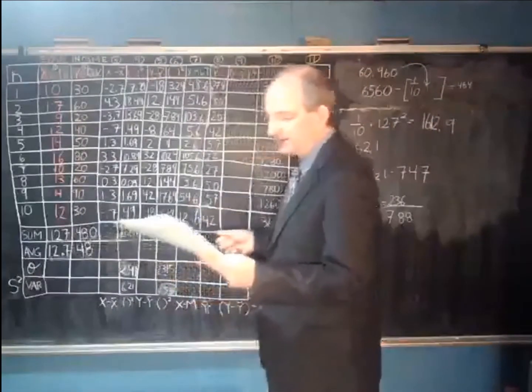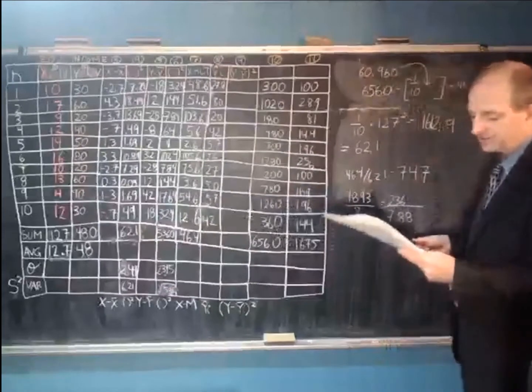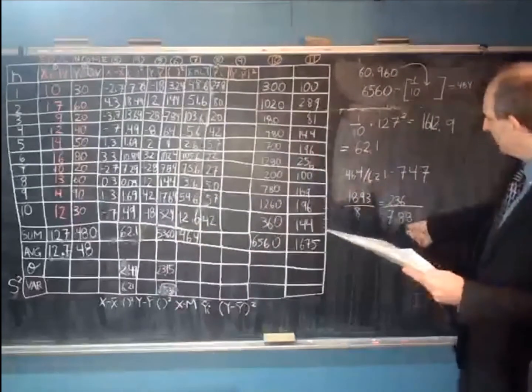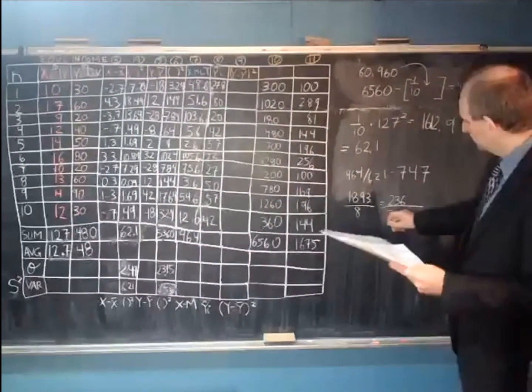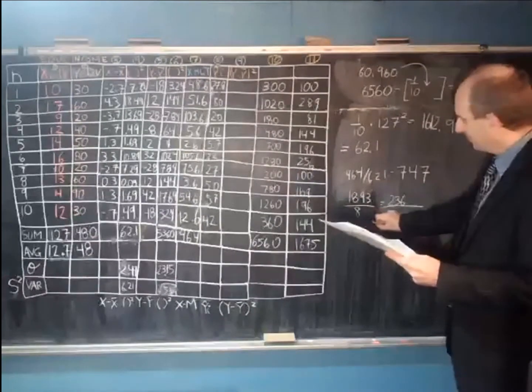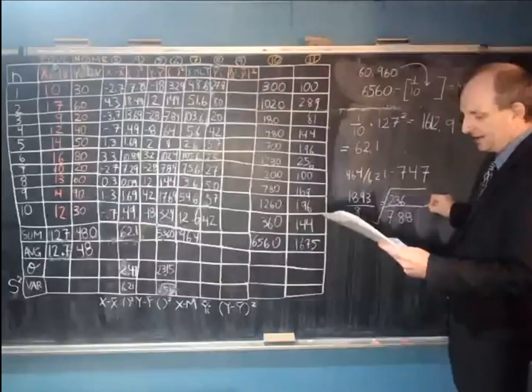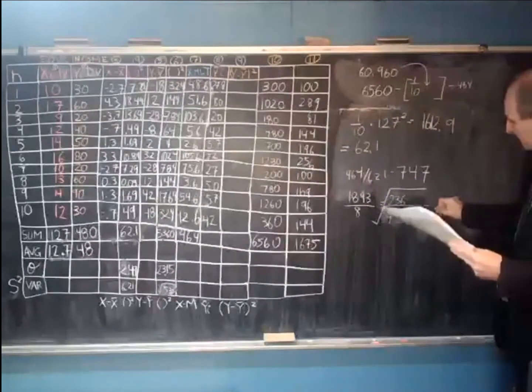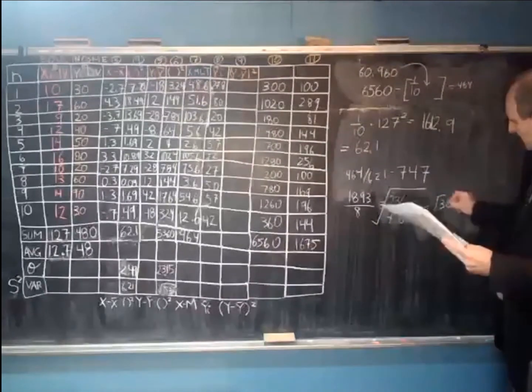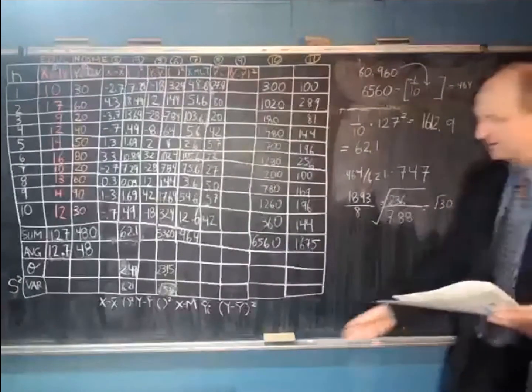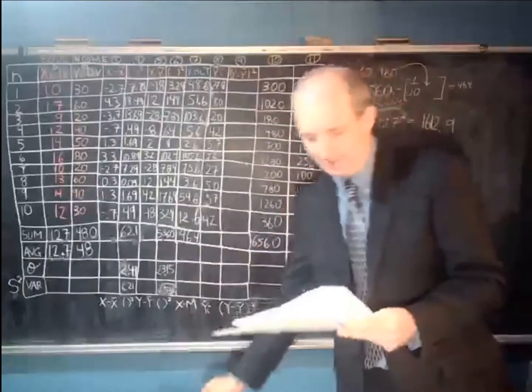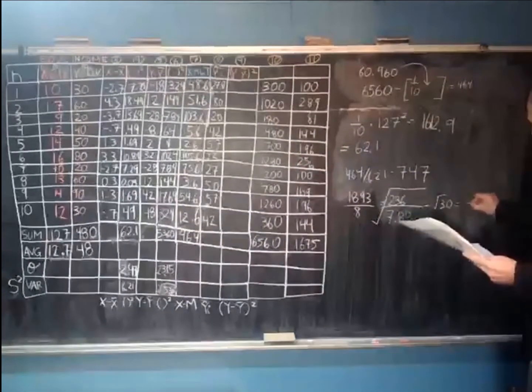This is going to give us the root of 236 divided by 7.88. So it's going to give us the root of this, and that is going to be the root of 30. You would plug the values into your calculator, and out would come 5.47. Boom.